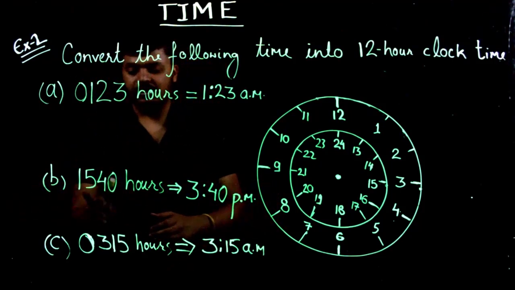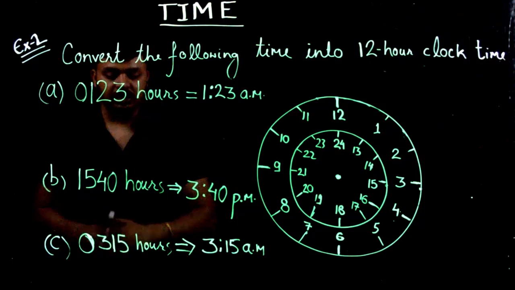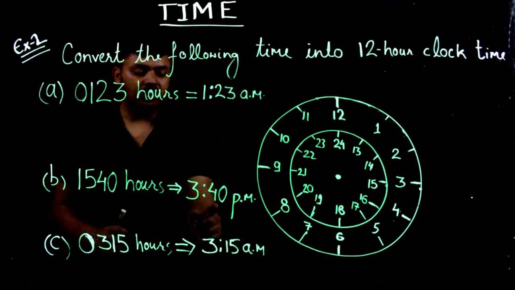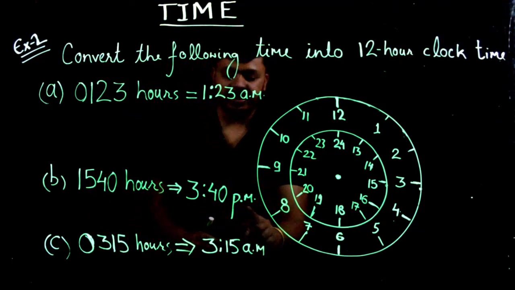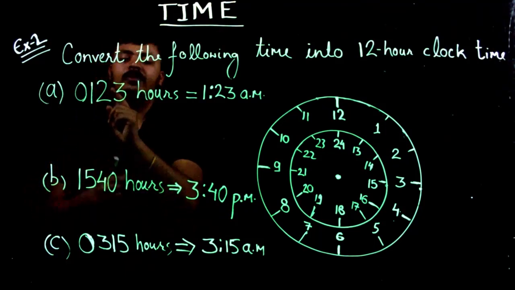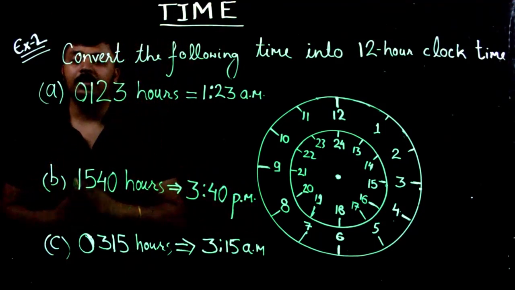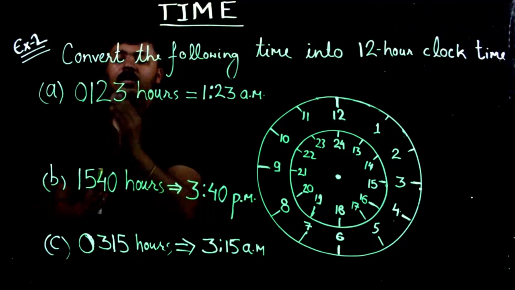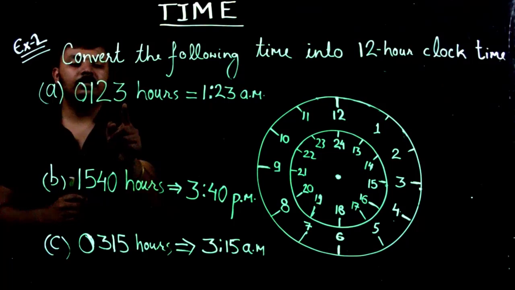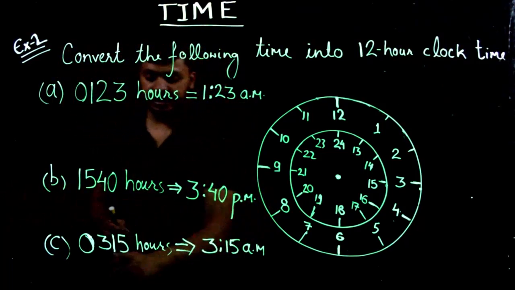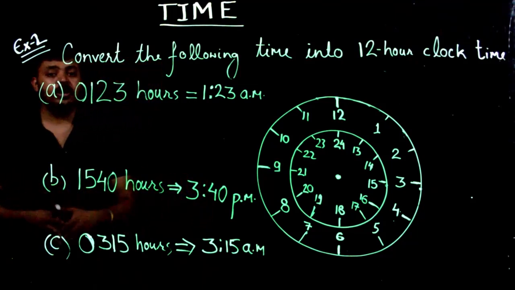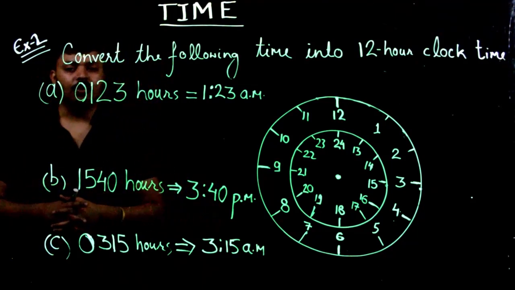In part B, 1540 hours, 15 represents 3 and 40 represents 40 minutes, so 3:40 PM since it is greater than 1200 hours, whereas the other two examples were less than 1200 hours, so they represent AM time: 1:23 AM and 3:15 AM. So I hope students you have understood how to convert the following time into 12-hour clock time.